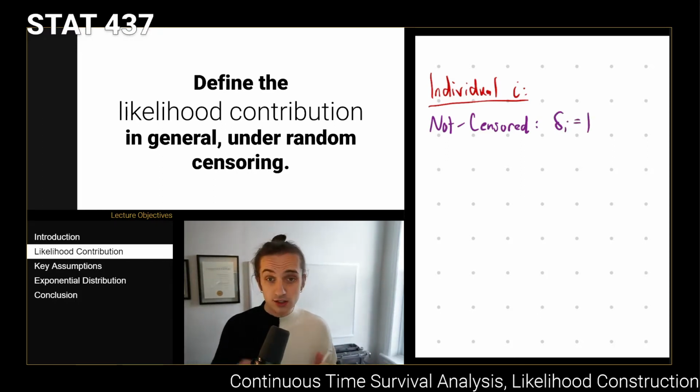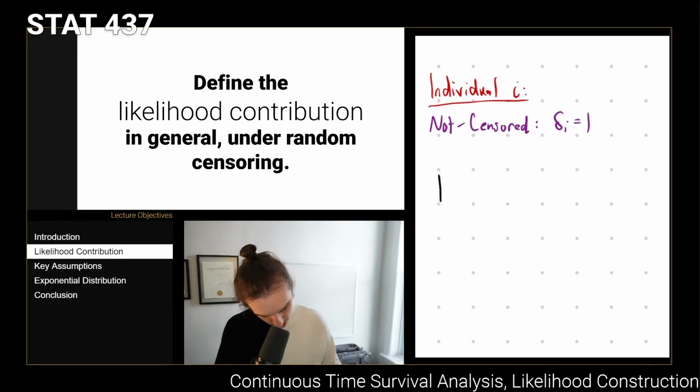In general, when we want to write out our likelihood, what we're thinking about is the density, or the probability, of observing the data given our underlying model. Here we're looking at an individual for whom we observed an event at some time t tilde, and we want to know the contribution of that to both the censoring time and the event time.